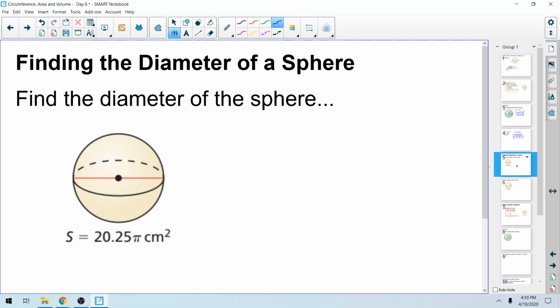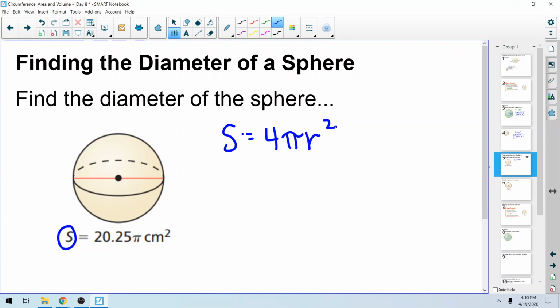Next one, using a little bit of application here. Find the diameter of the sphere if the surface area is 20.25 pi centimeters squared. Okay, so the first thing I'm looking at is we're given the surface area. So I know the surface area is 4 pi r squared, and I'm going to fill in what I know.